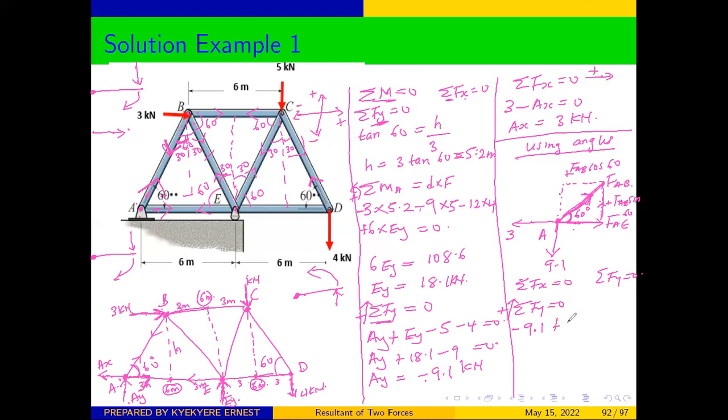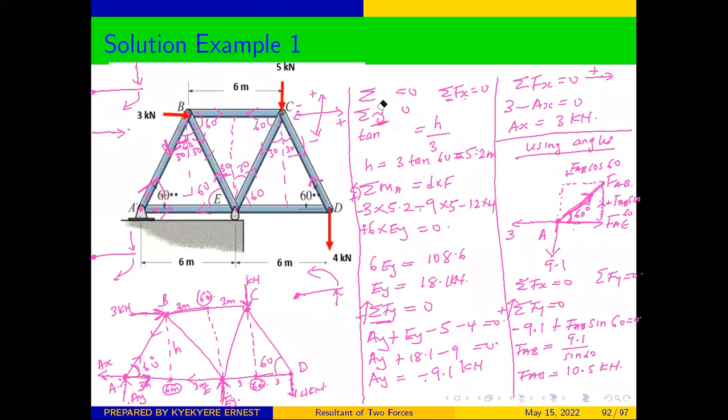That gives us negative 9.1 plus FAB sine 60 equals 0. From here, FAB will be equal to 9.1 over sine 60, which is 10.5 kilonewtons.